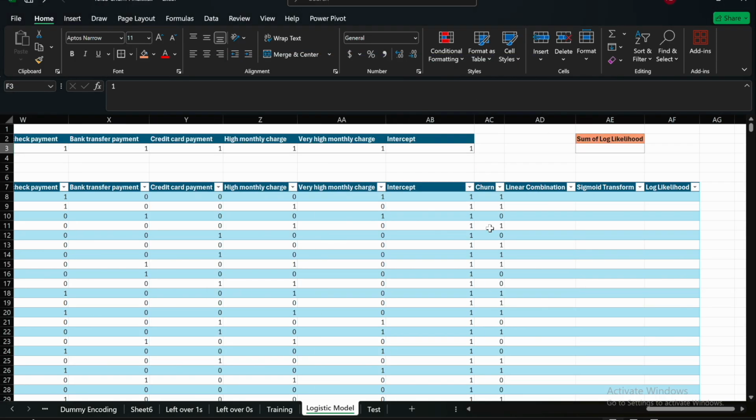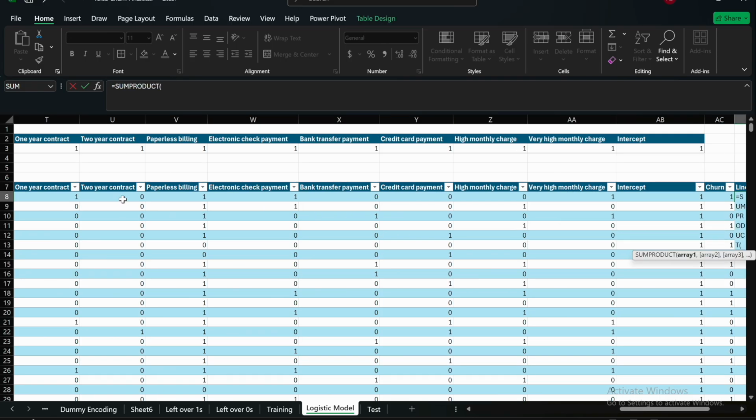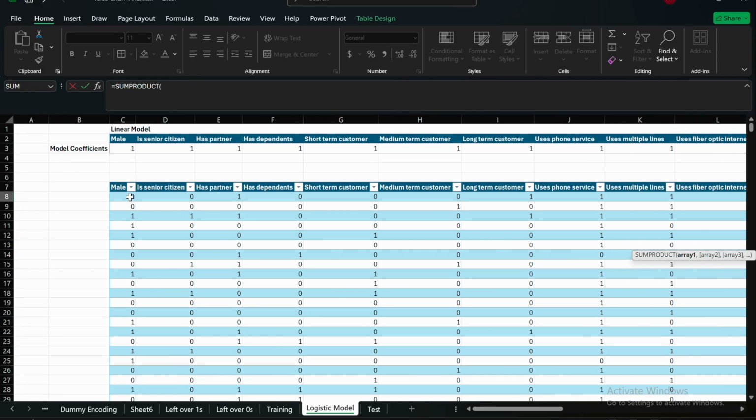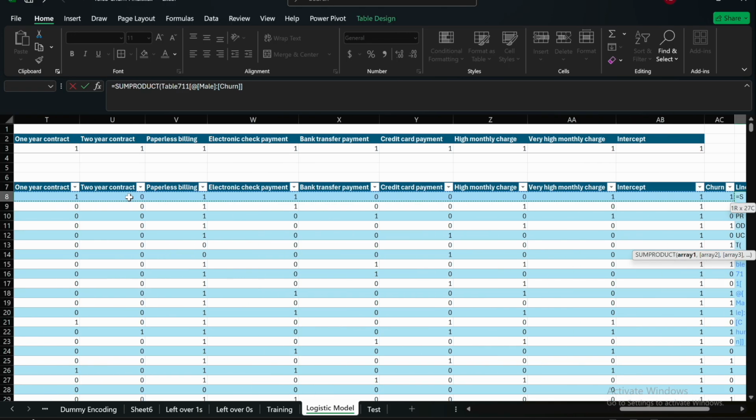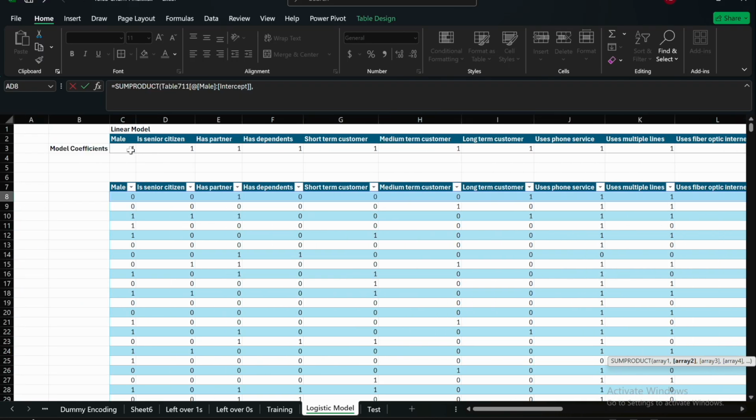First, the linear combination is found by multiplying the training data, the first row except churn, with the model coefficients, which are 1 in this case, but they will change as the solver is used.